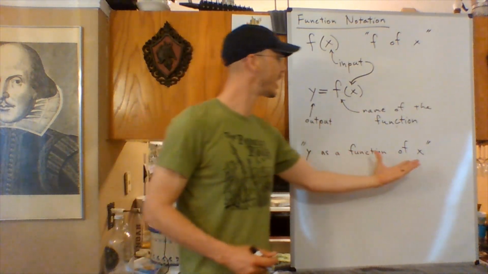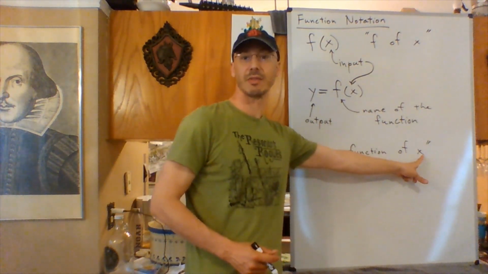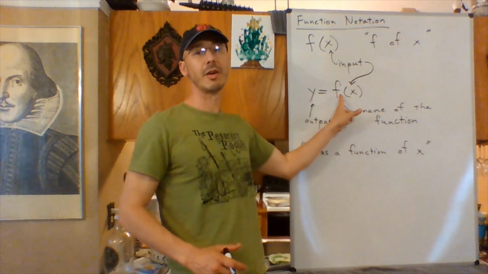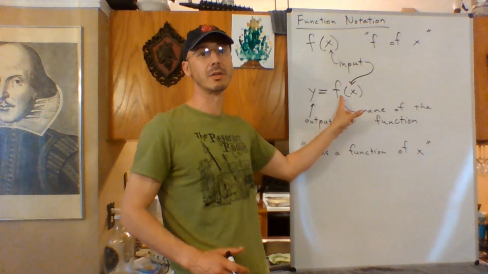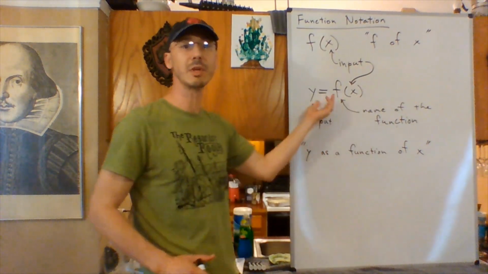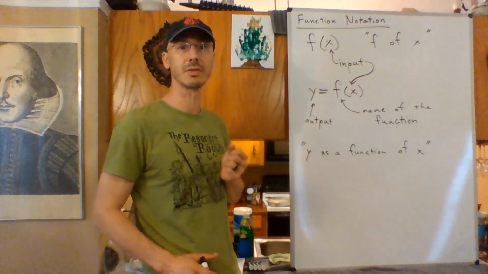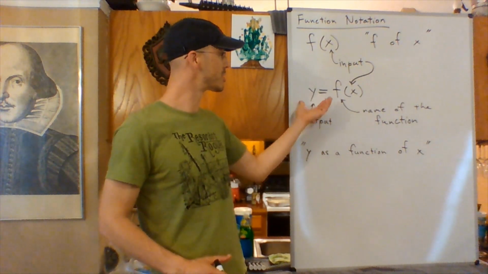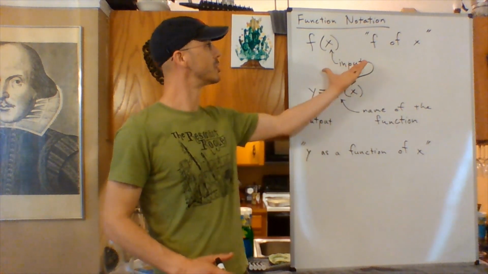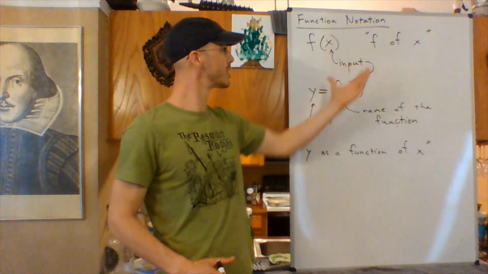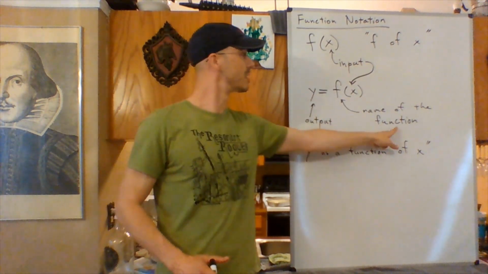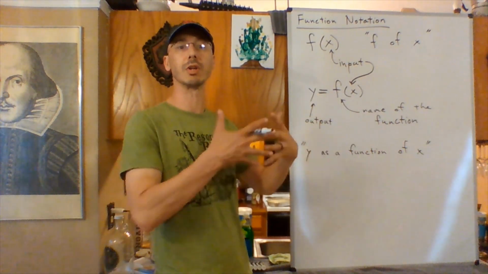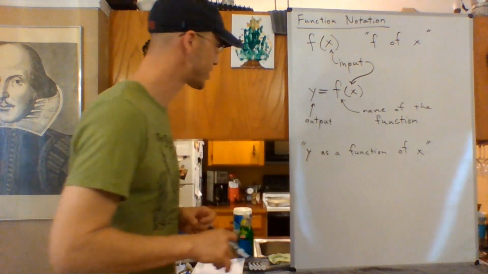Y is a function of x if for a set of x values, the domain, the f, the function of those x values gives me the y values, the output values, in the range. So the range, again, is the set of all the output values. The domain is the set of all the input values. And the function is the relation, it's a special kind of relation, or the correspondence between the two sets.